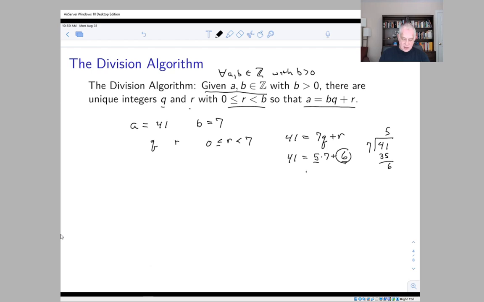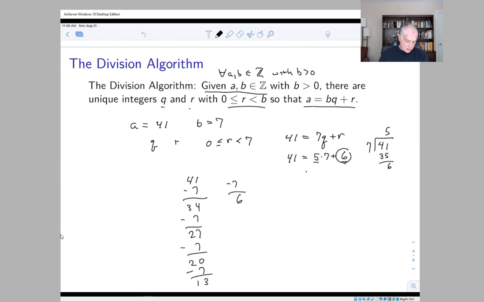And so you might say, well, can you prove this? And sort of you can prove it, because you can say, okay, let's take 41 and let's start subtracting 7 from it. So 41 minus 7 is 34, minus 7 is 27, minus 7 is 20, minus 7 is 13, minus 7 is 6.